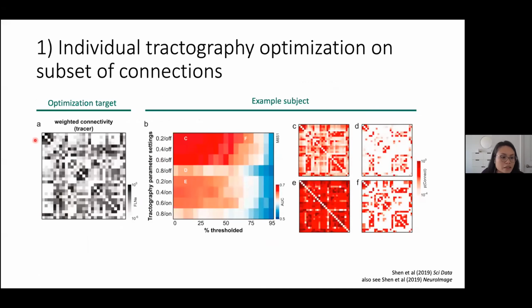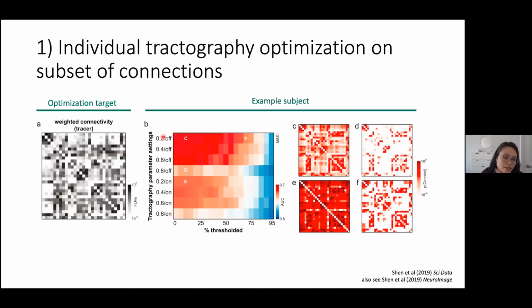And so again, on the left here is the target, this optimization target. This is what we're trying to recreate for each animal that we have using the neuroimaging that we have. On the right here is one example monkey. This heat map shows how good each parameter set was at recreating this tracer matrix.